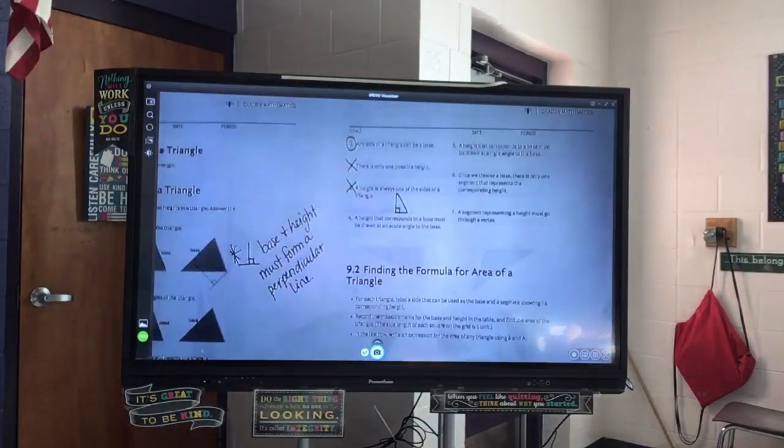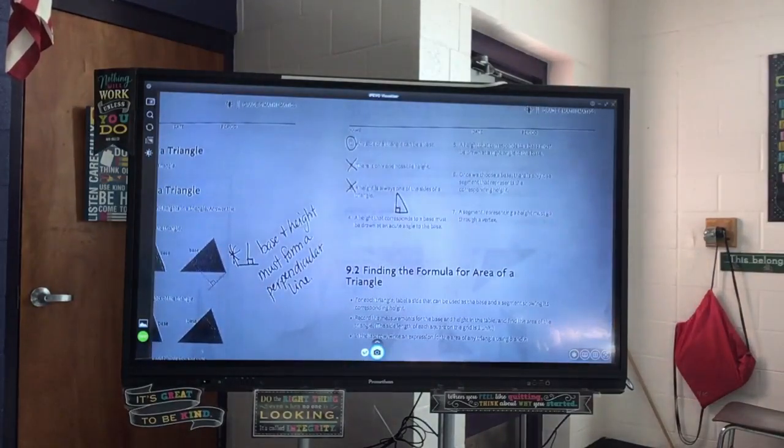Alright, number 4, it says a height that corresponds to a base must be drawn at an acute angle to the base. Stand up if you said this is true. Why are y'all looking around? Stand up if you circled it. It doesn't matter if you're the only one standing. If you think it's true, stand up. Okay, I have a question.